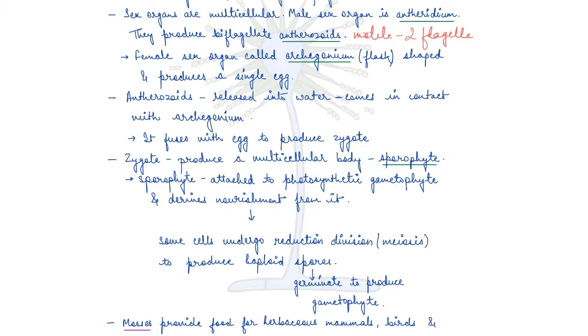You'll have to remember all these terms, it is very important. So the antheridium produces antherozoids, which are released into water and come in contact with the archegonium, the female sex organ, which has the egg. The antherozoid fuses with the egg to produce a zygote, and this zygote produces a multicellular body known as a sporophyte.